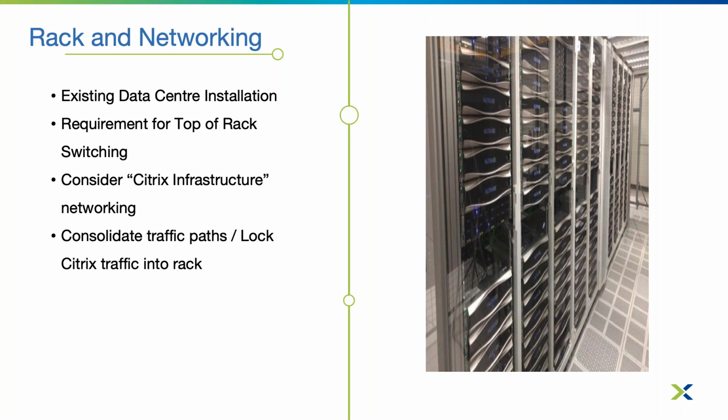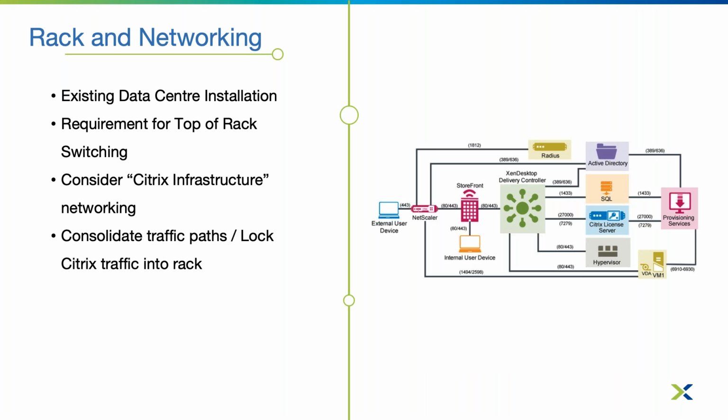It removes a lot of the need for the complex firewall and network configs. We certainly had that prior to moving to this, so we had separate network zones for each hypervisor type and bits like that. So you can limit the amount of traffic that is going out of your rack pretty much to HTTPS, ICA, and the line of business app data like Exchange and bits like that, which does give you good performance.